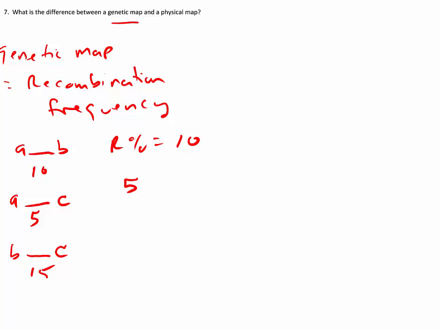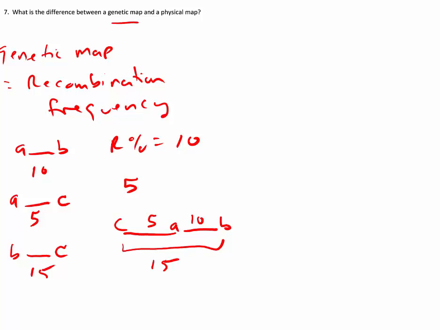And then we could develop a map where A and B are 10 map units apart, A and C are 5 units apart, but C is farther away from B, so we've got to put C down here. So we'd have A and B is 10, A and C is 5, and B and C is 15.